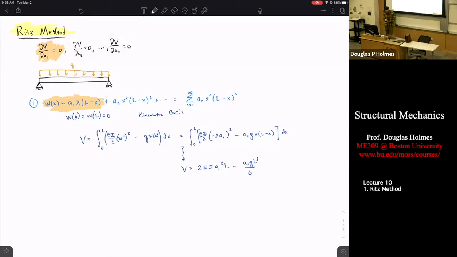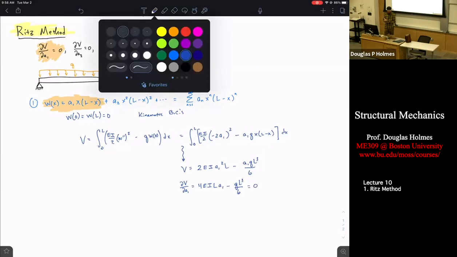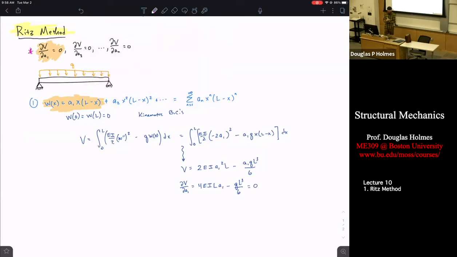So if you got this far, hopefully you found that the partial derivative of total potential energy with respect to A1 is just 4EI L times A1 minus Q L cubed over 6. We know that that should equal 0.